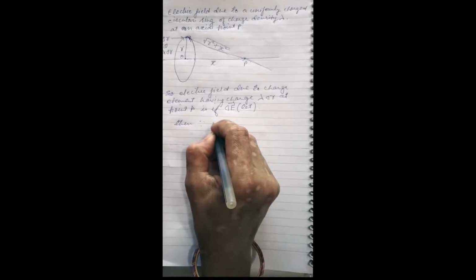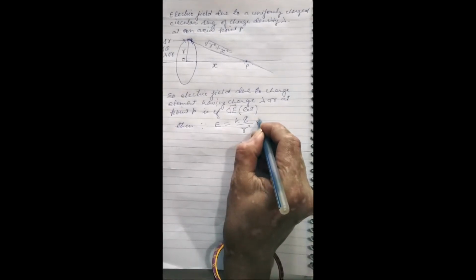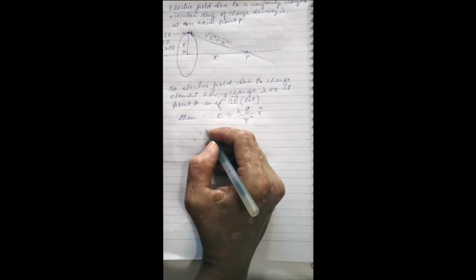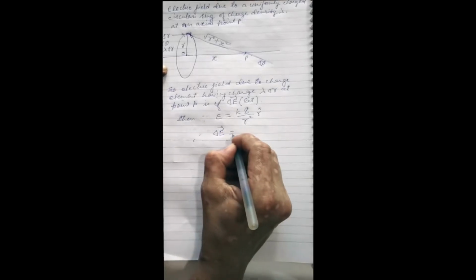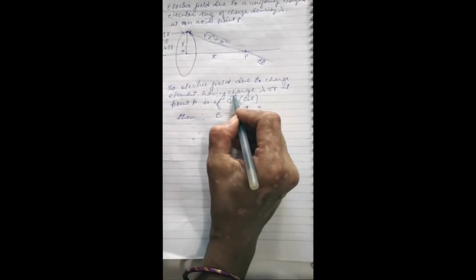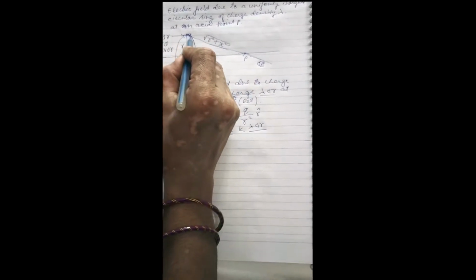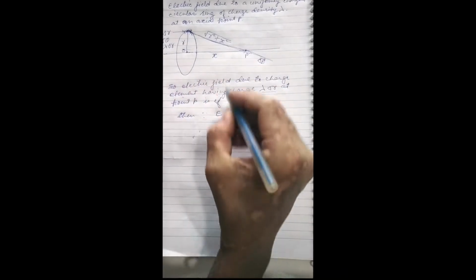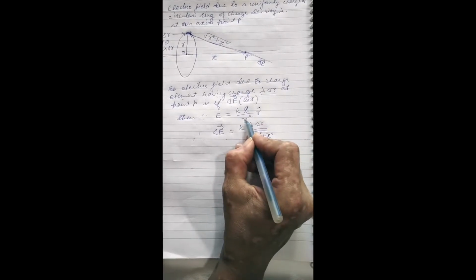Then since we know that E is equal to kQ upon r square r cap, therefore this electric field dE will be equal to k and Q, where Q is the charge lambda dl, divided by the radial distance from this charge element, which is root under R square plus x square, and whole square of it.